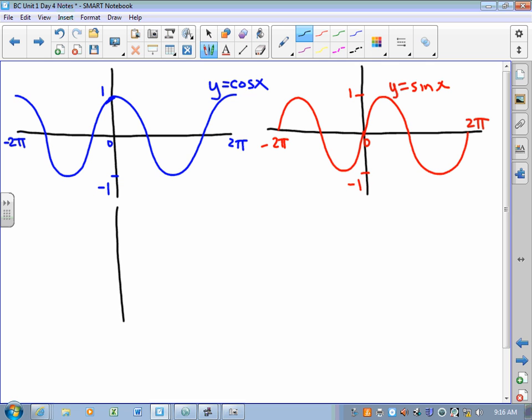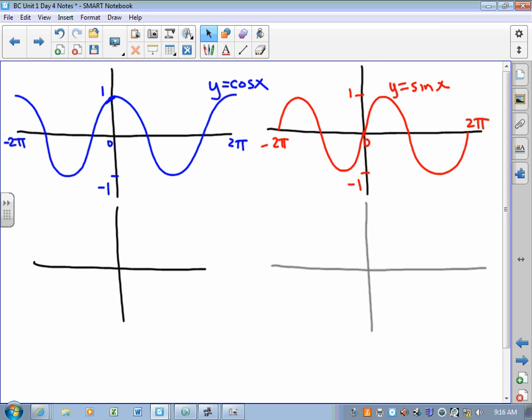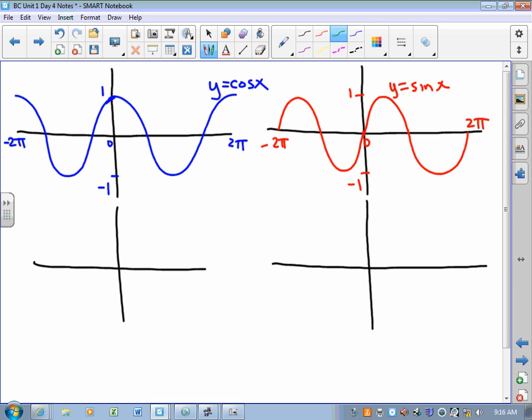The tangent graph, a familiar graph from our work last year. Tangent comes directly from sine and cosine because tangent is sine over cosine. Sine x over cosine x is tan x.